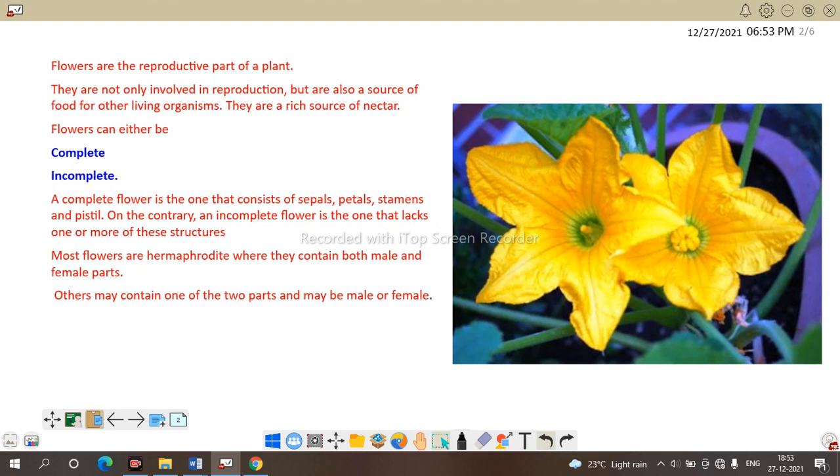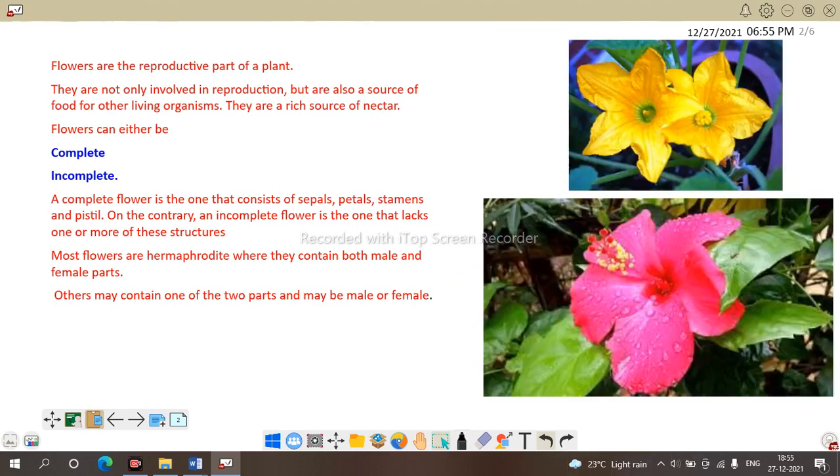Here are the male and female flowers. The member is from family Cucurbitaceae. So an individual male and an individual female flower are here, but in the case of a hermaphrodite, both the male and female parts are present in a single flower. Here is the image of a hermaphrodite flower.